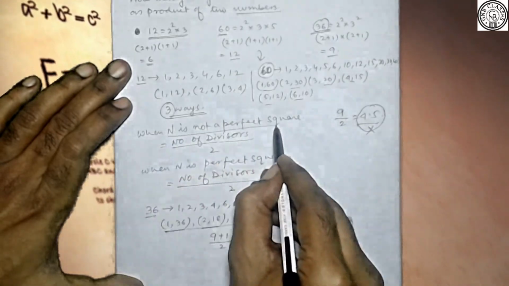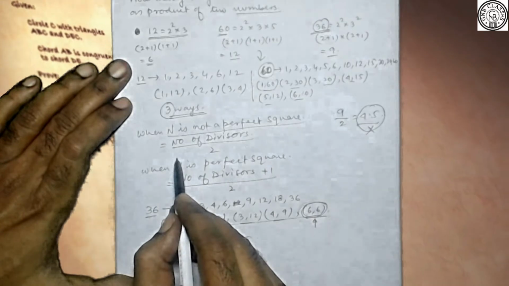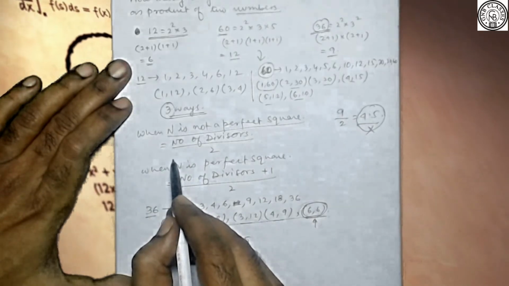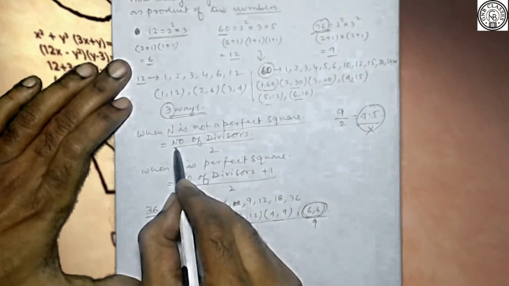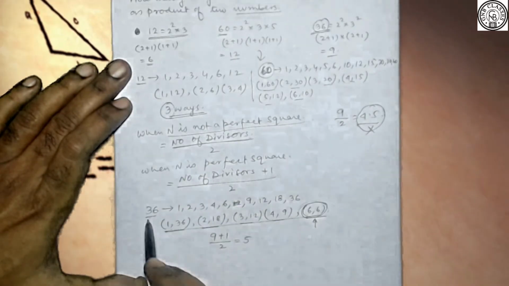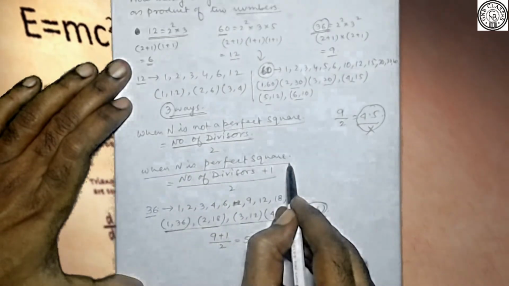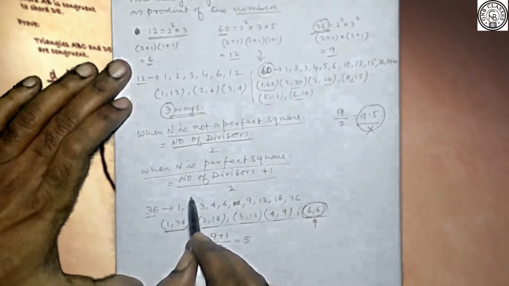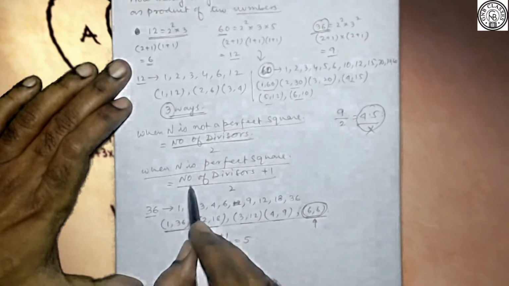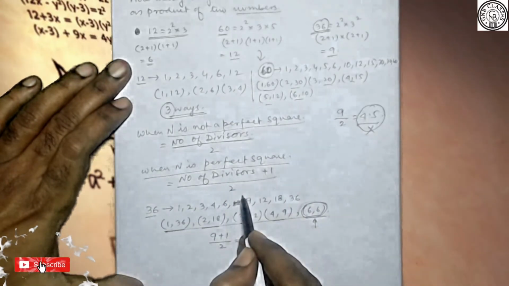Is it clear? So what we have learned? We have learned that when n is not a perfect square, the number of ways in which n can be resolved as a product of two numbers is number of divisors divided by 2. And when n is a perfect square, the number of ways is (number of divisors plus 1) divided by 2.